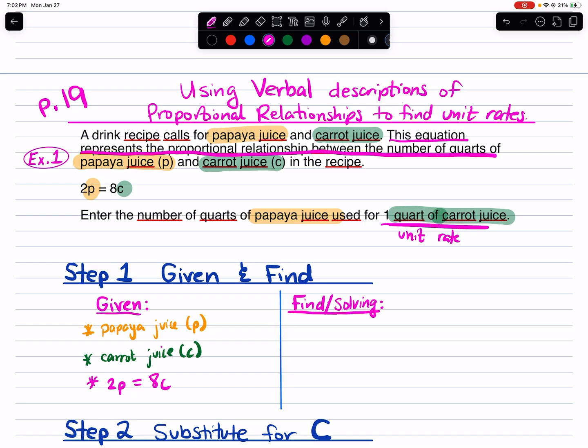So we're solving for, where did I write that? There it is, okay.